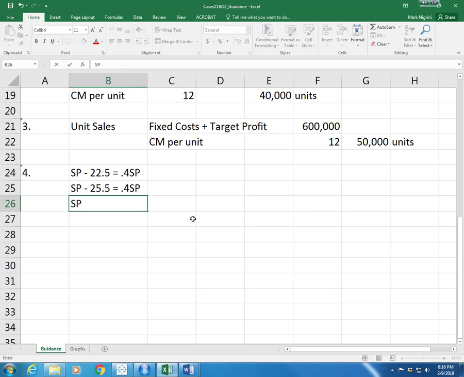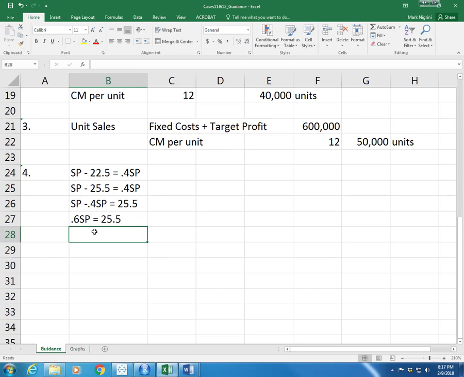Selling price minus 0.4 times selling price equals 25.5. So what I did, I pulled that over there, and I pulled that over there, and I changed the sign. Selling price minus 0.4 selling price is 0.6 times whatever this magical selling price is. 0.6 selling price equals, no change on the right, 25.50.